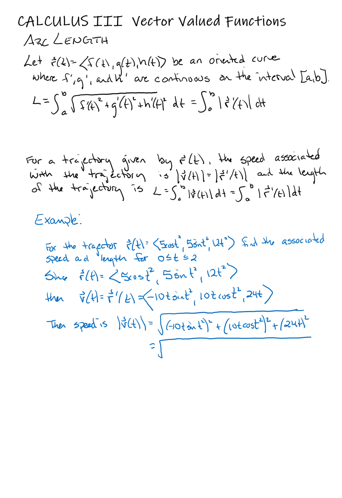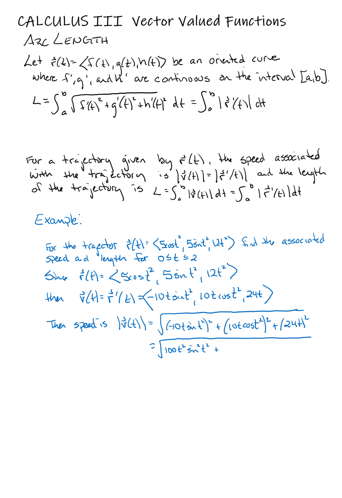So let's see, we have 100t squared sine squared t squared. Notice all these things that are squared. The sine function is squared, the t in front of the sine squared is squared, and the t that's the argument of the sine squared is also squared.